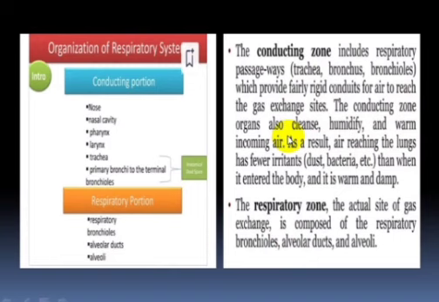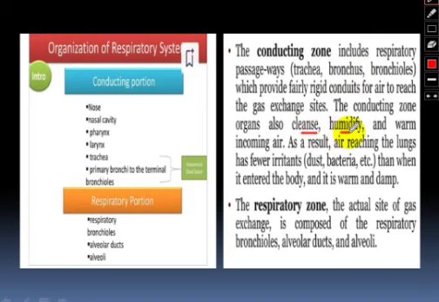These two zones have a significant physiological significance. For the conducting zone, the primary function is to provide fairly rigid conduits for air to reach the gas exchange sites. Okay? So it actually cleanses the air.